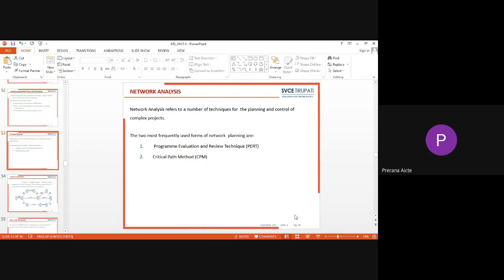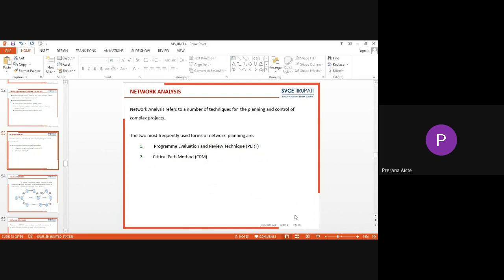In that case, as there is no past data available, we cannot estimate the exact time for each and every activity and also for the overall project duration. So here we use probability theories in order to estimate the project deadlines or project durations.